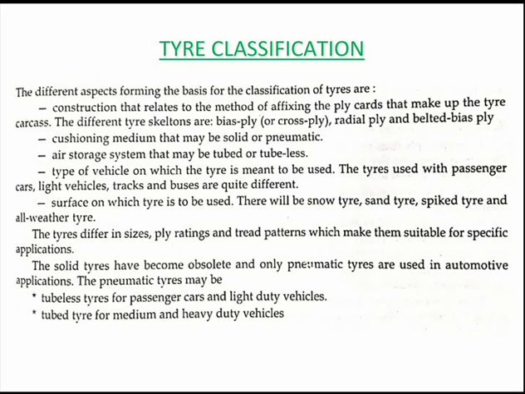The first one is the bias ply or cross ply, the second one is the radial ply, and the third one is the belted bias ply. These three types of ply arrangement we study under construction-related matters.